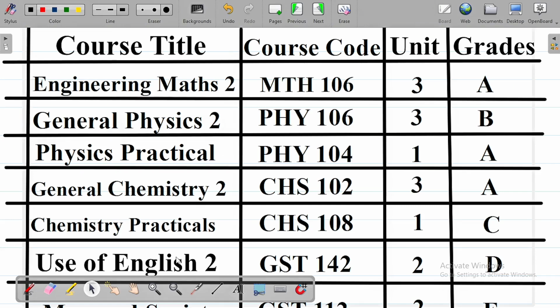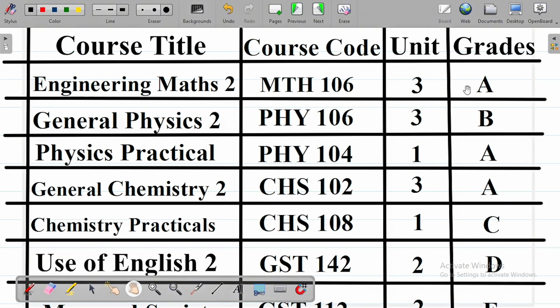Alright, since we've known the GPA of the student for first semester, let's now find the GPA of the student for second semester and as well find the CGPA of the student. The student is offering Engineering Maths 2 in second semester, and Engineering Maths 2 is Maths 106.